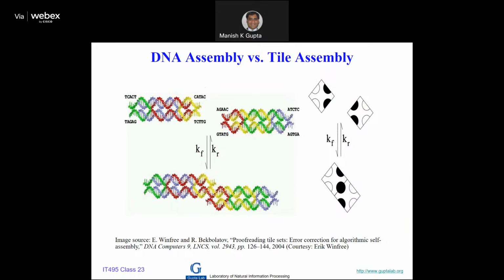Once you do the simulation, you are sure that this is how it will work. Then you can design the experiments. For each computational tile and the frame tiles, you design the DNA molecules in the lab and do the computation. And they have done the computation successfully. The paper actually. Okay. So let me show you a little bit more detail.